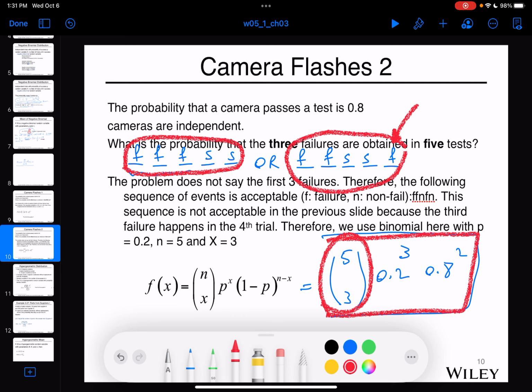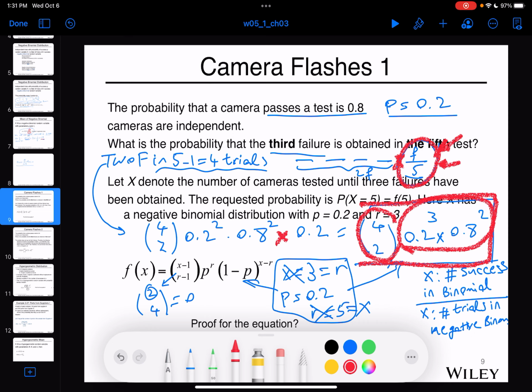Is the binomial result always bigger than the negative binomial? Yeah, that's a good question. If the numbers are the same, for example, like we want 3 failures in 5 trials, or X failures in Y trials, then yes, negative binomial is always smaller than binomial.